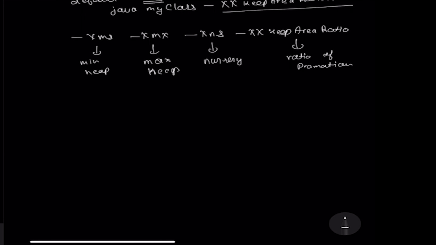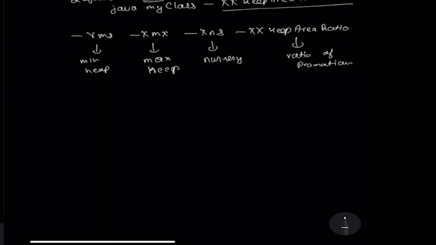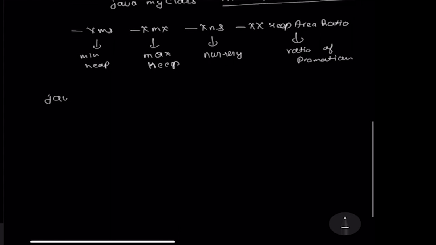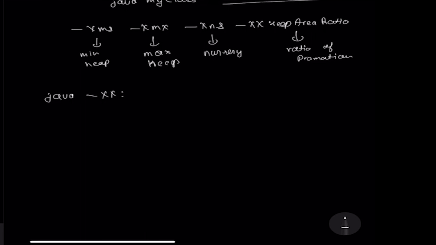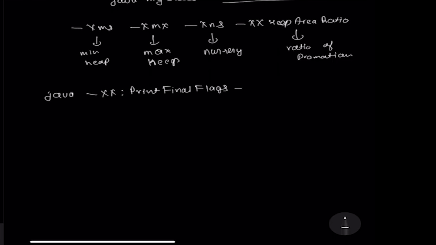If you want to check all the heap parameters of your Java process, you can run this command. You can run java -XX and pass the parameter PrintFlagsFinal, then -version, and then you can grep heap size.